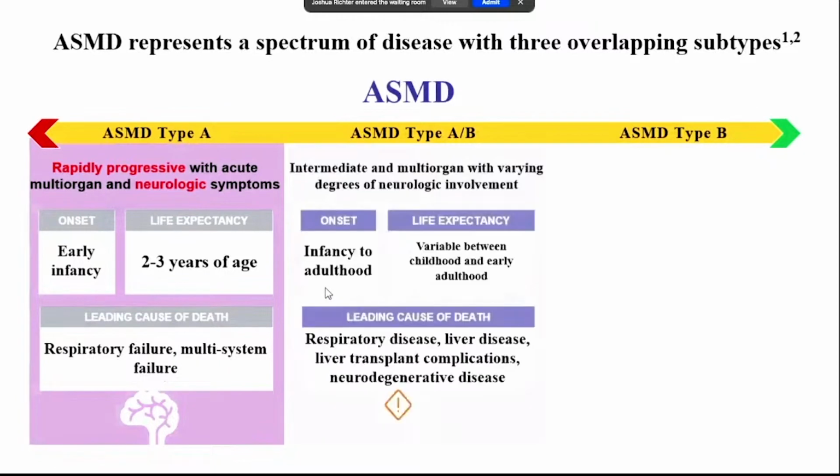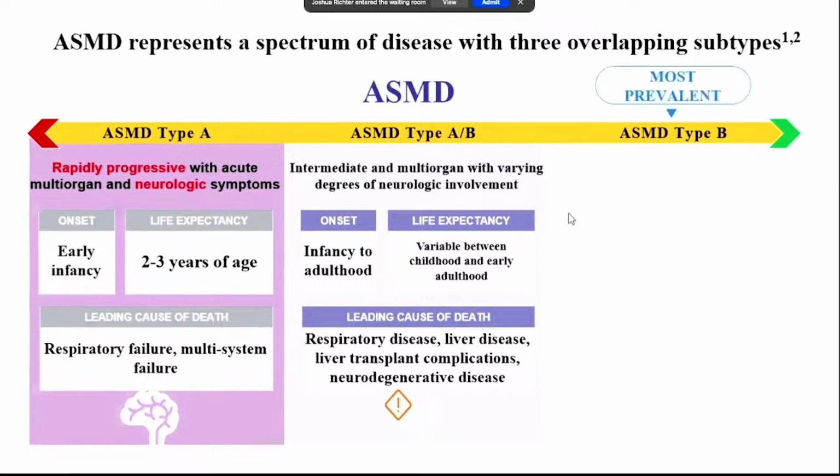Type AB is intermediate and is characterized by multi-organ involvement. The onset is a little later, life expectancy is variable, and the leading causes are respiratory distress, liver disease or liver transplant complications, and neurodegenerative disorder.